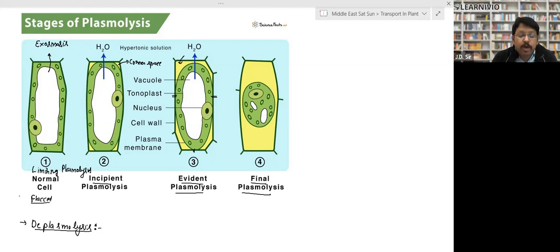Swelling up of plasmolyzed protoplast under the influence of hypotonic solution or water is called deplasmolysis.